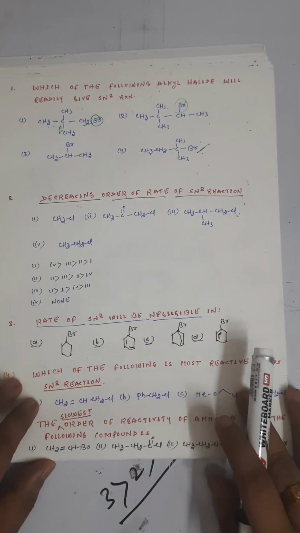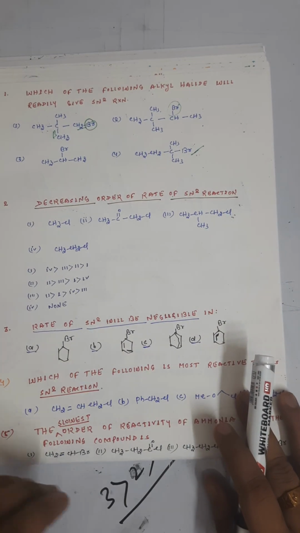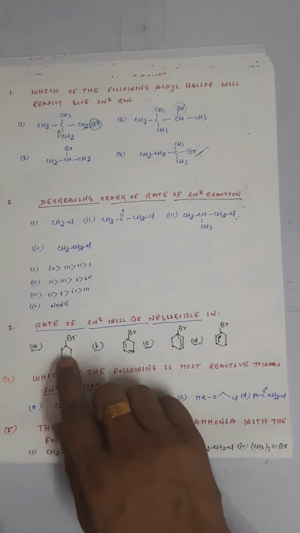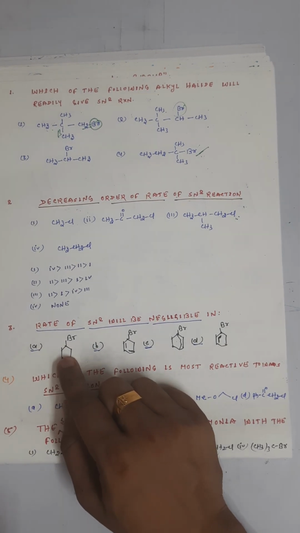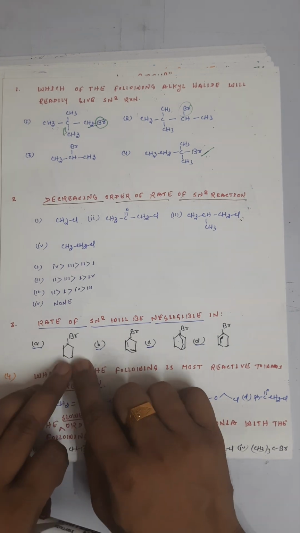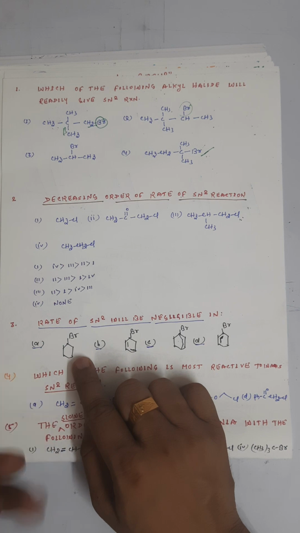Now next: in which will the rate of SN2 be negligible? Again, I am telling you we have done this in the last points: cyclo compounds are also involved in SN2 reactions. Cyclopentane and cyclohexane, which will go faster? Cyclopentane. But cyclohexane will also go in SN2 reactions.